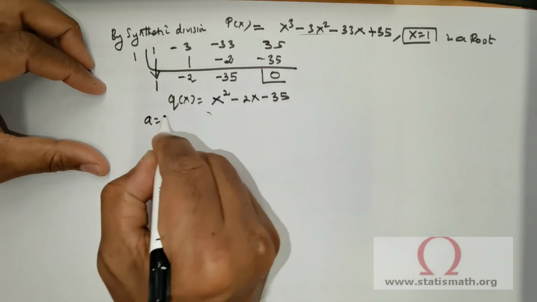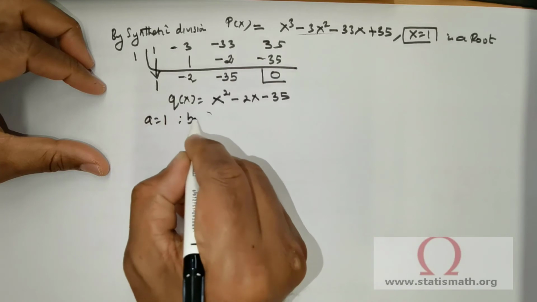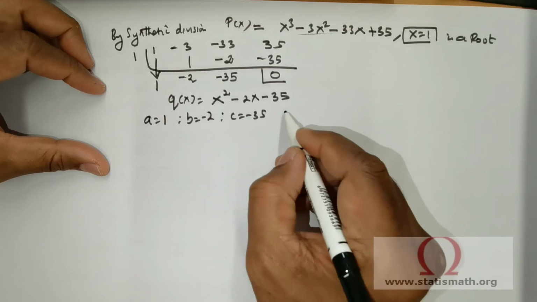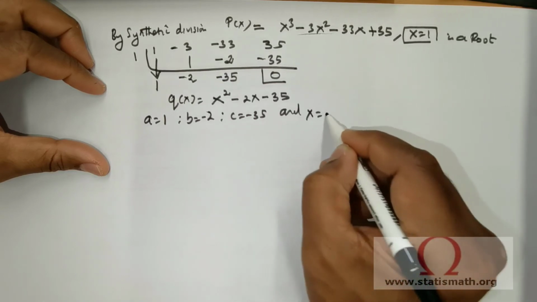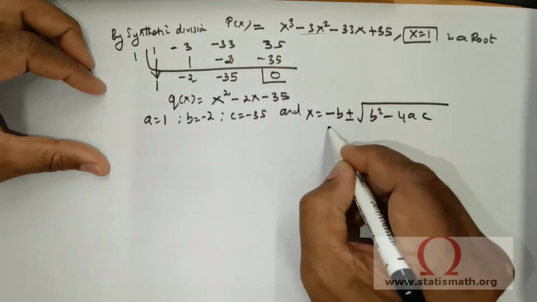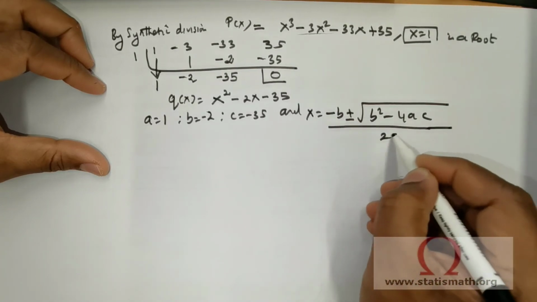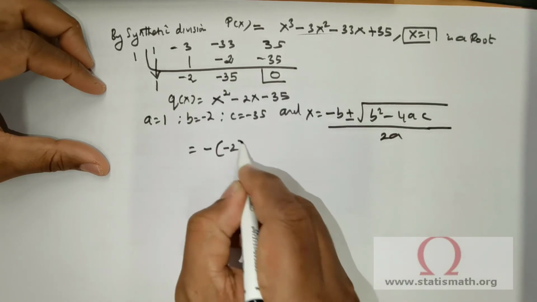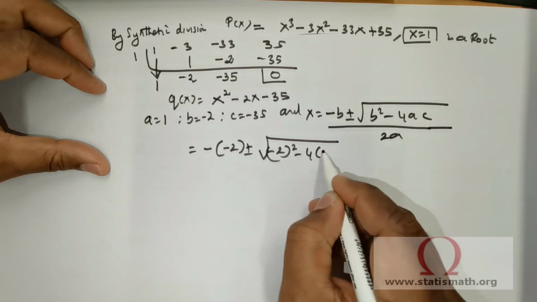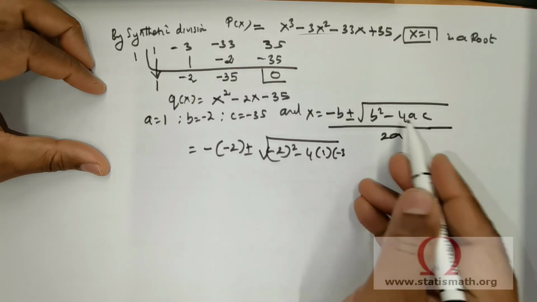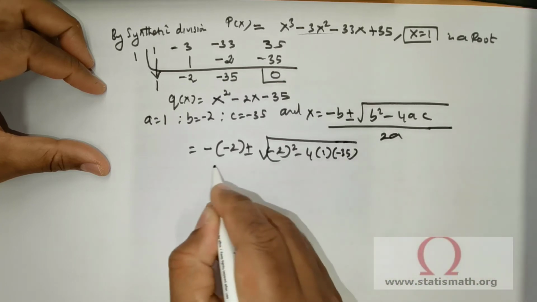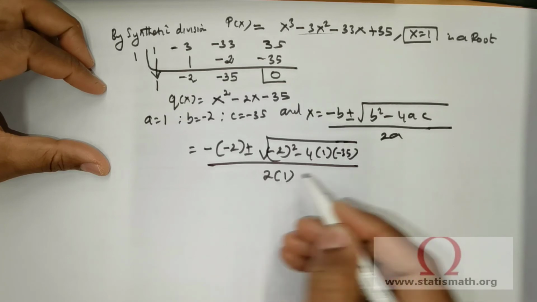So I would be using the quadratic formula, taking a is equal to 1, b is equal to negative 2, and c is equal to negative 35. Using the formula, x is equal to negative b plus or minus root of b squared minus 4ac divided by 2a, we would get negative of negative 2 plus or minus root of negative 2 squared minus 4 times a is 1 and c is negative 35, divided by 2 times a.